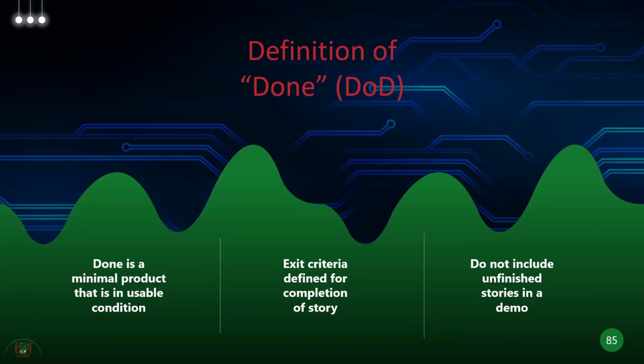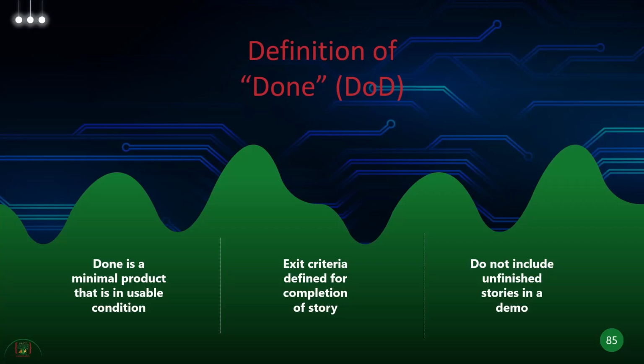Definition of done, right? Like I mentioned, every story should have acceptance criteria. There should be a definition of done. So basically, done is a minimal product that is in usable condition, right? The definition of done will provide you the exit criteria that you will define for completing a story, right? And as a rule of thumb, do not include unfinished stories in a demo.